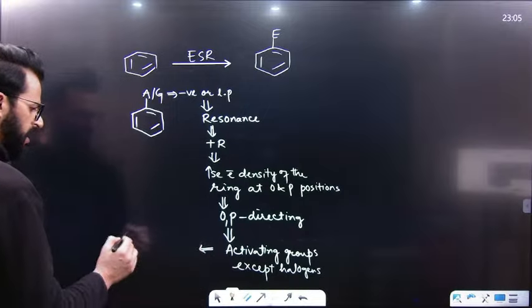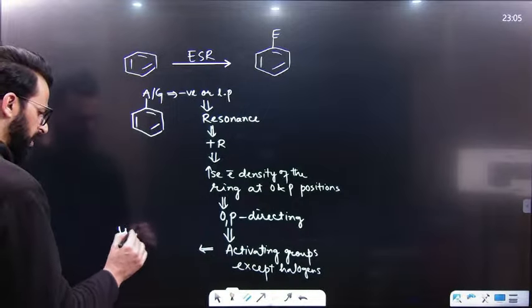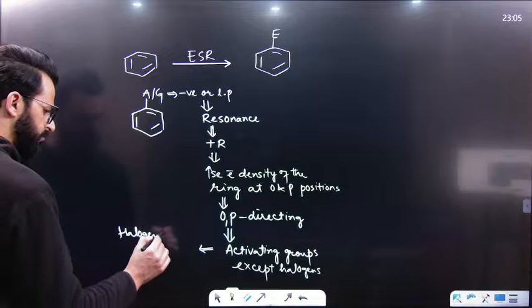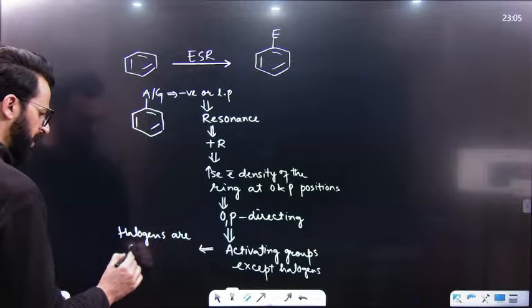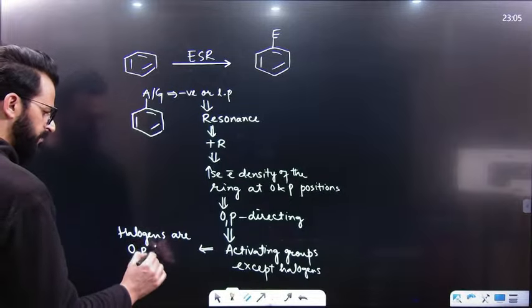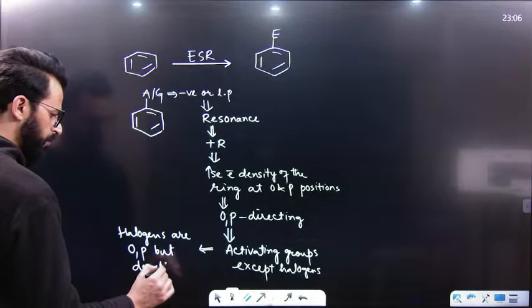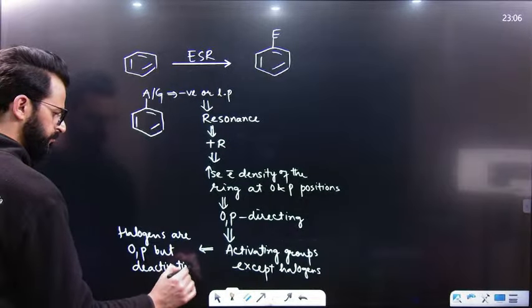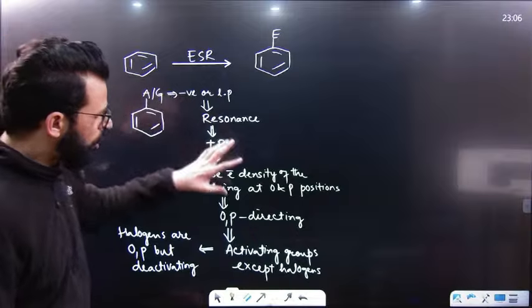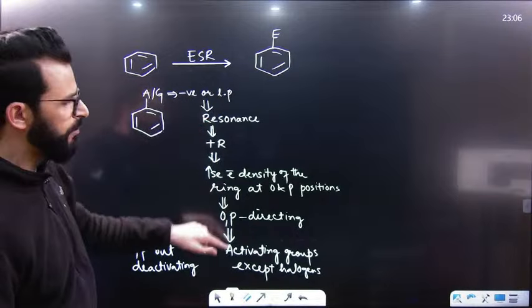It means halogens are ortho-para directing but deactivating groups. So remember, this is all because of resonance.